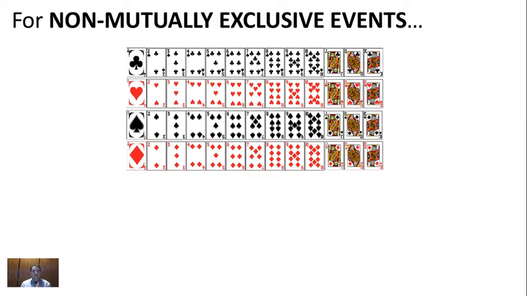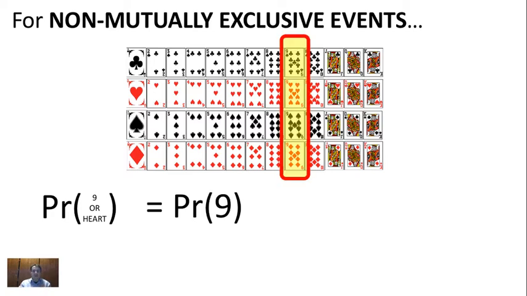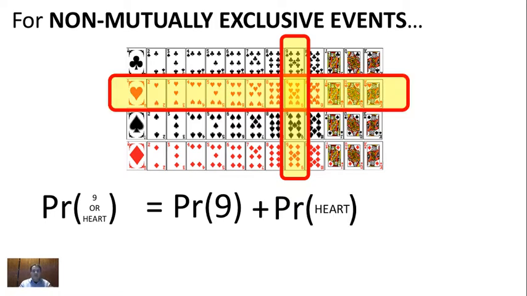And that might be, for example, a deck of cards, and you're thinking about the probability of a 9 or a heart. Now, if you just try and add up the probability of a 9, which is 4 out of 52, plus the probability of a heart, which is 13 out of 52, then you end up counting the 9 of hearts twice, because the two events 9 and heart aren't mutually exclusive.